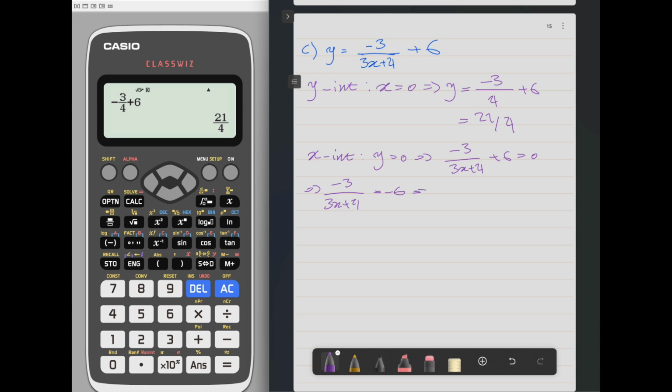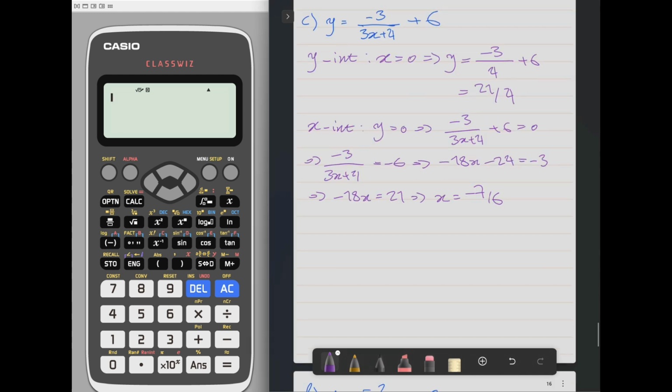So minus 18x minus 24 is going to be equal to minus 3. And so minus 18x is going to be equal to 21. So x is going to be equal to 21 divided by 18, minus 7 over 6. Right? And this is going to be my x-intercept.